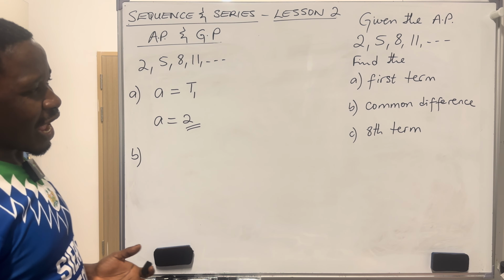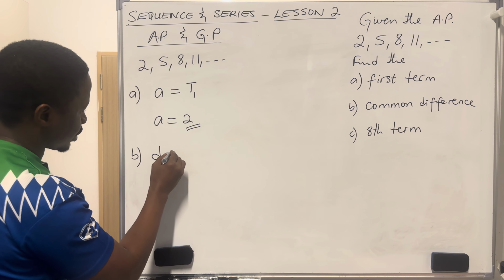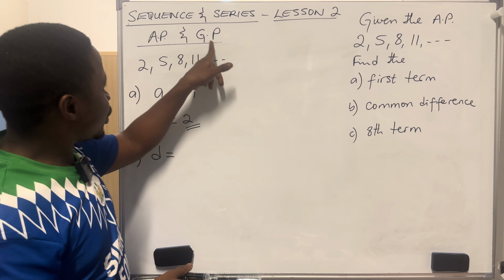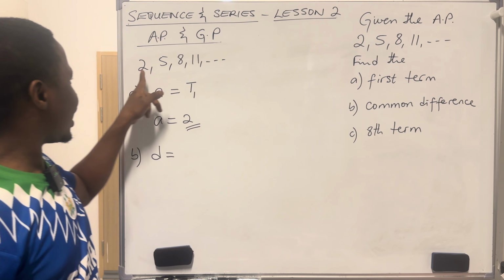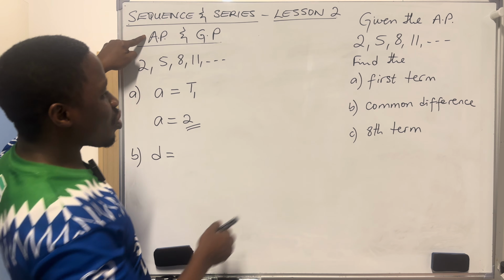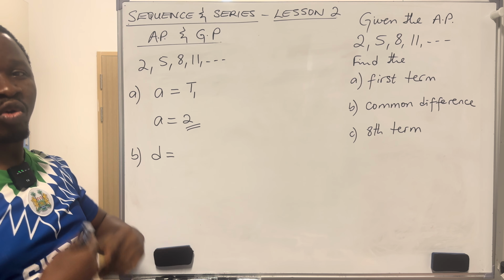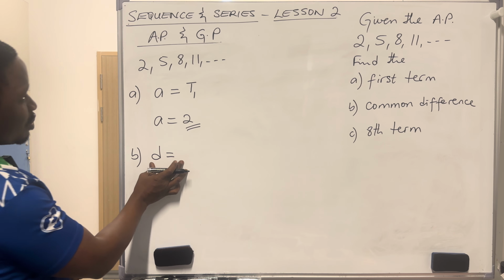The common difference again has a unique letter, that is D. In AP, the first term is A. In GP, the first term is also A. In AP, we say common difference. In GP, we don't say common difference, we say common ratio, and it is not D, it is R. So we want to find the common difference.